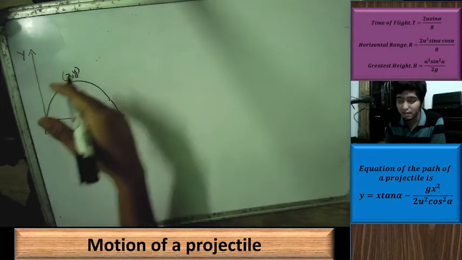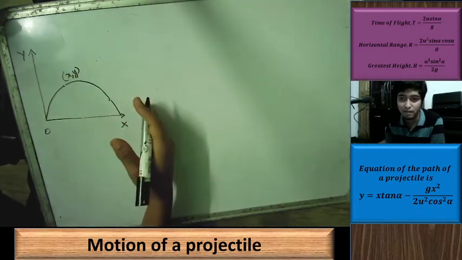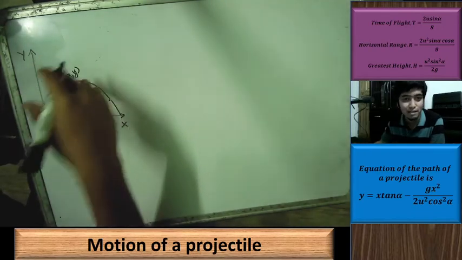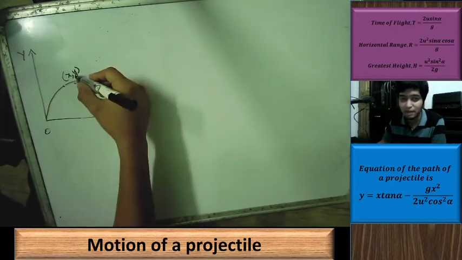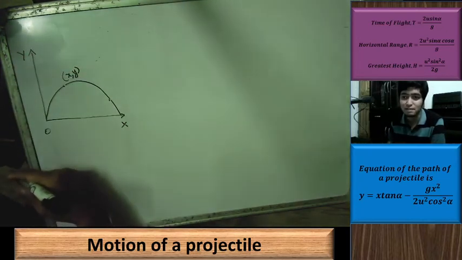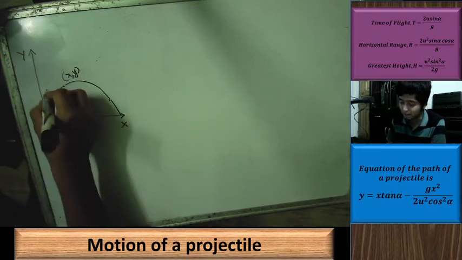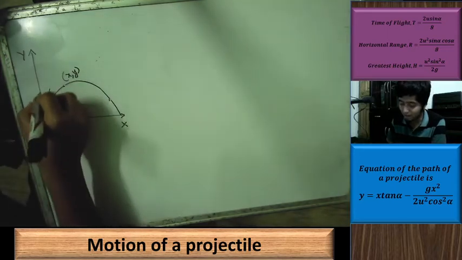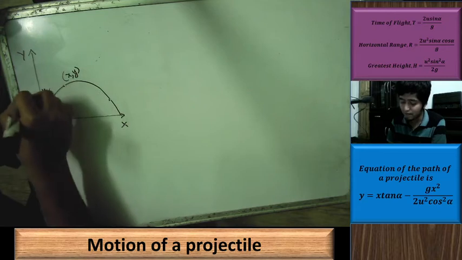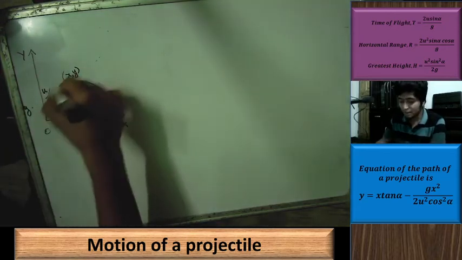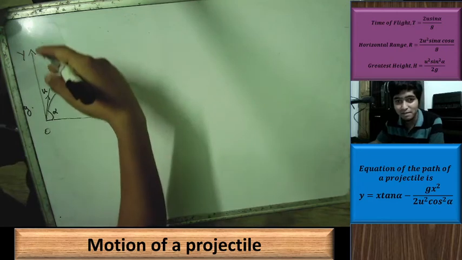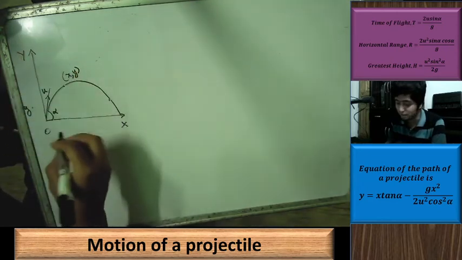Again, I repeat, if I have to find the equation of a path, I will just take any point (x, y) in its path and then find an equation involving x, y and the known quantities. The known quantities over here are alpha, u, and g. Now let us try to derive that equation for the path.